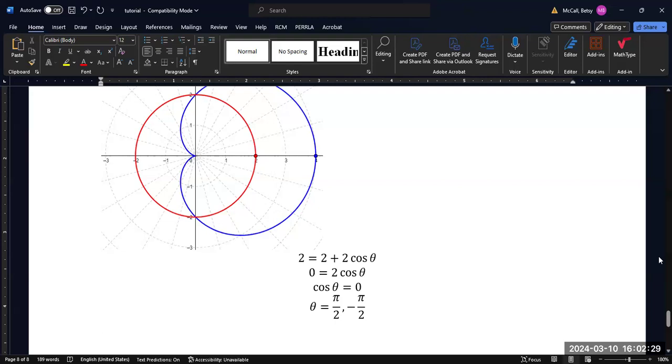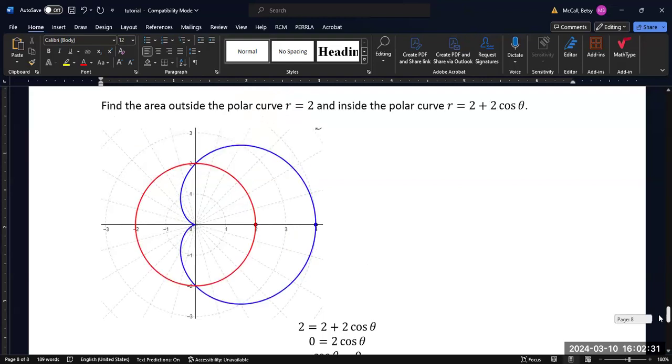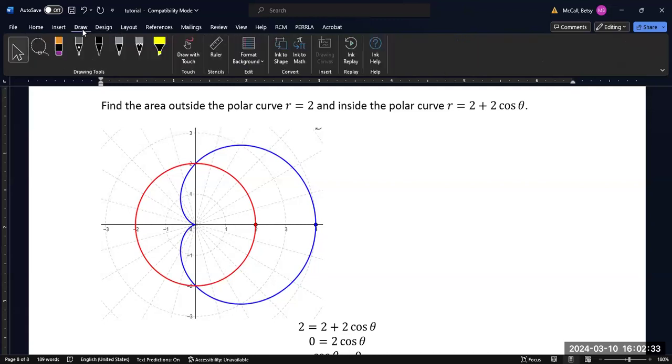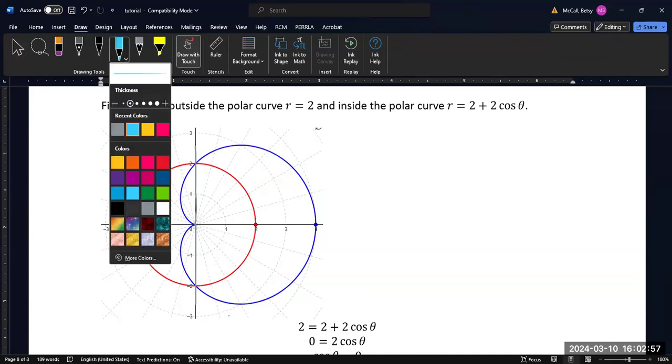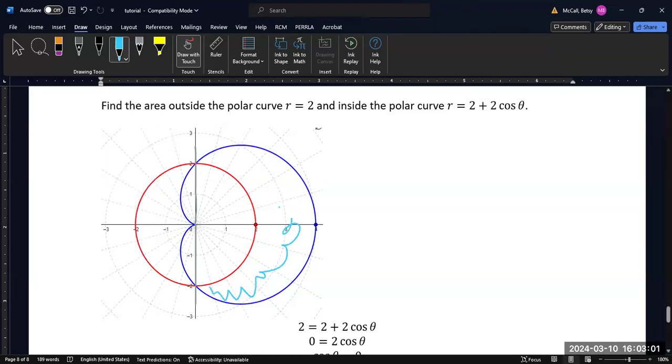Now, when we draw on the graph and we mark our area, our angles, we want to make sure that the region that we're looking to find the area for is fully bounded by the angles. So if we look at the region that we want to find the area for, that's all this section out here.